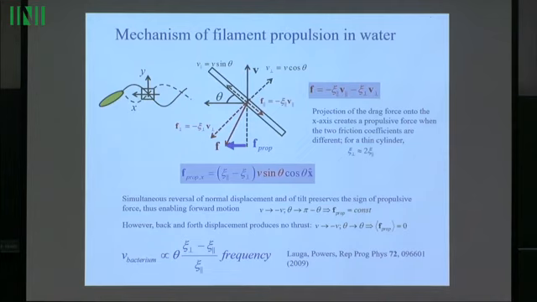When it goes down, then theta changes sign to negative, and so does the v. And the fact that you have a product of v and theta here assures that the net result is still the force that points from right to left. So this is the solution to the problem with time reversibility by the flagellum.